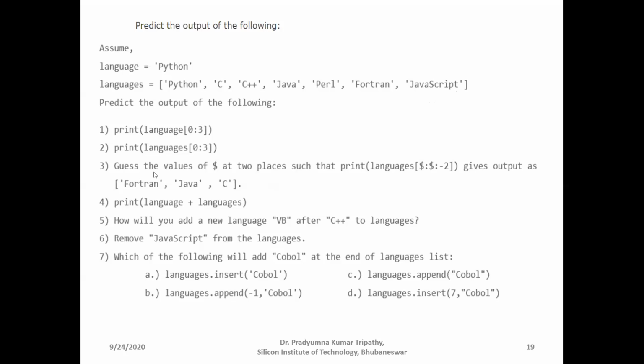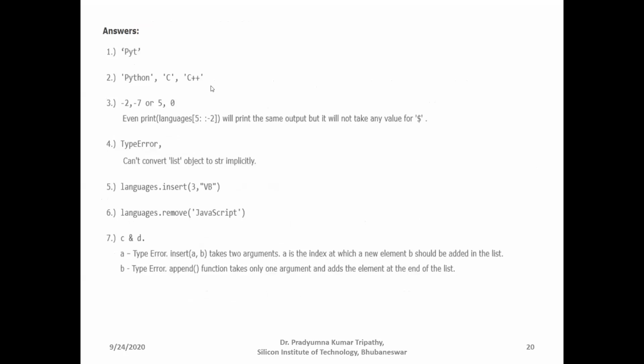So see over here. The first one is PYT. Second one is up to C, C++. Third one is -2, -7, or you may write 5 to 0 also with a step value of -2. Correct?